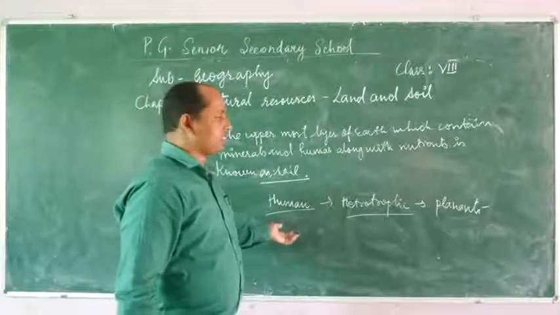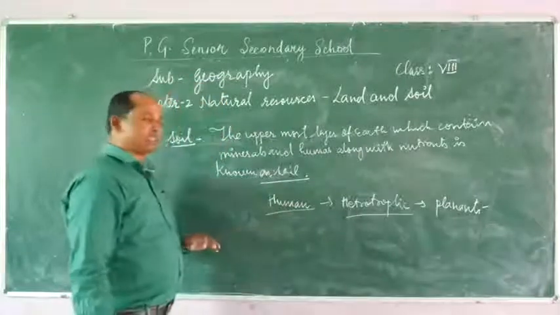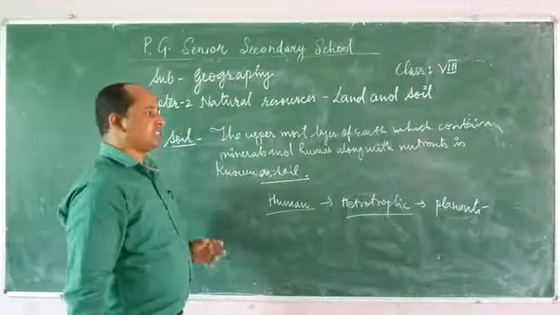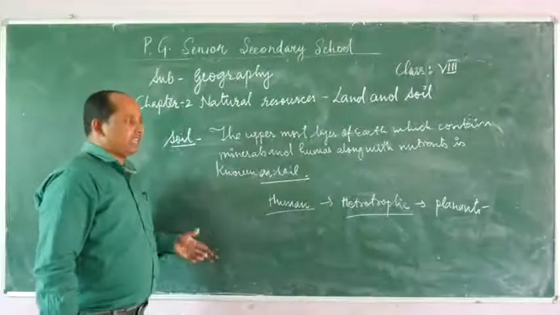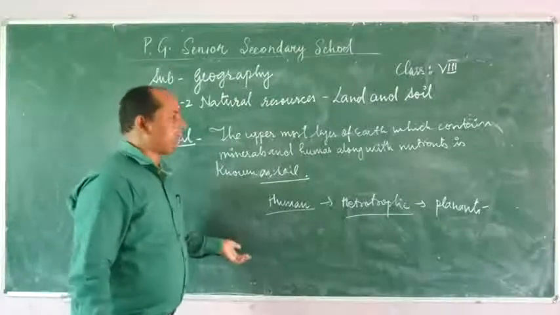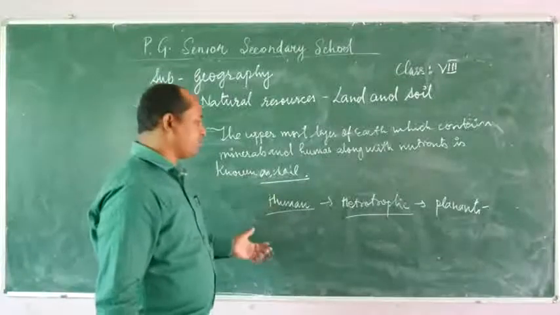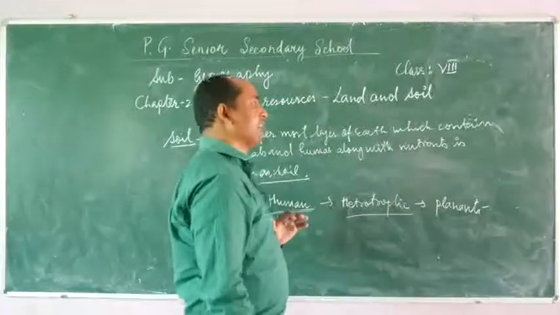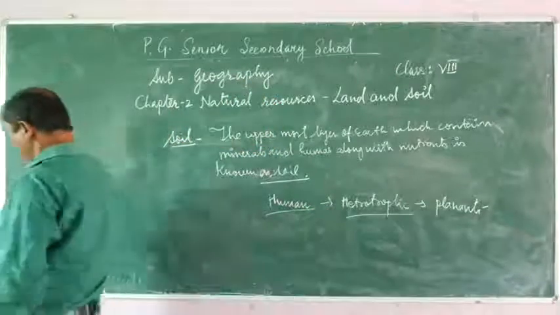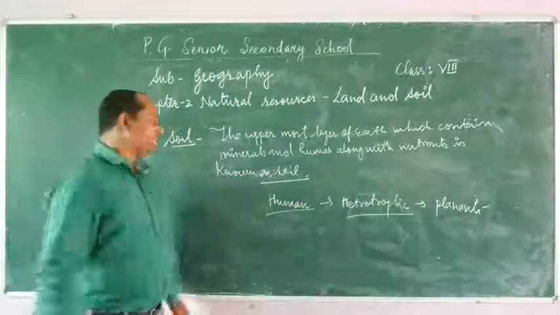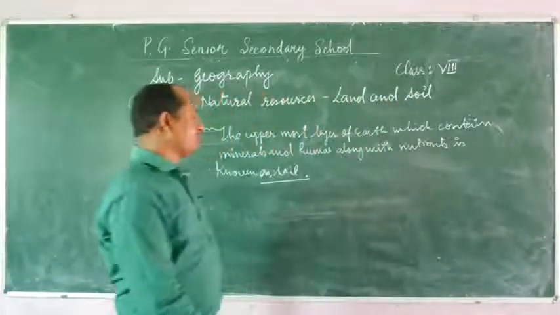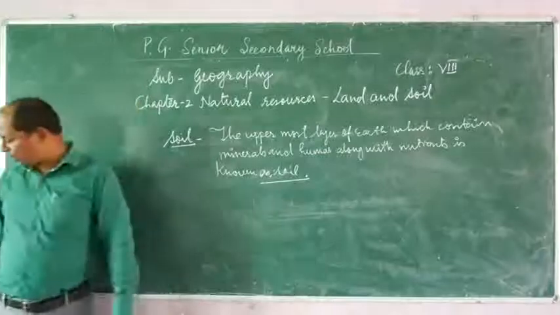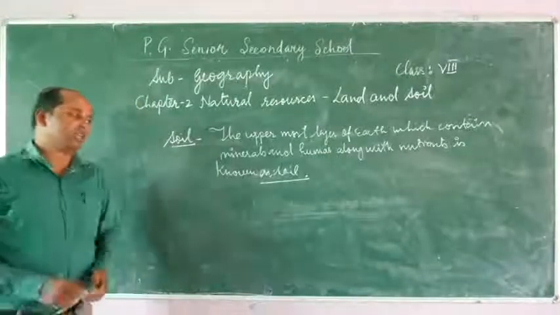Directly means we generally consume the plants as cereals, as pulses, as oilseeds, etc. Indirectly means the animals who are eating plants, we consume these. So that is why the soil is very important, because only the soil is capable to fulfill our hunger needs. That is why we should know about the soil, we should conserve the soil.